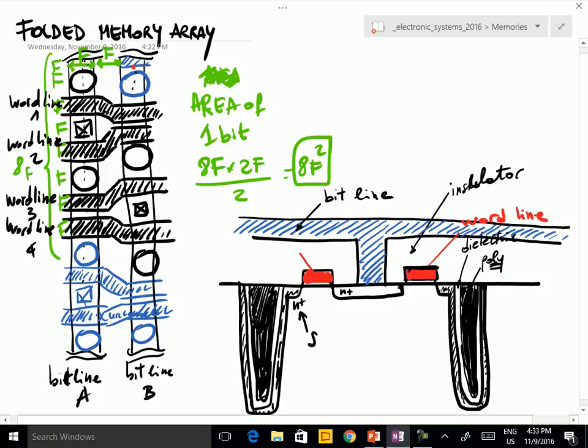This is the second word line. For example, this is word line 1 and this is word line 2, and so on.